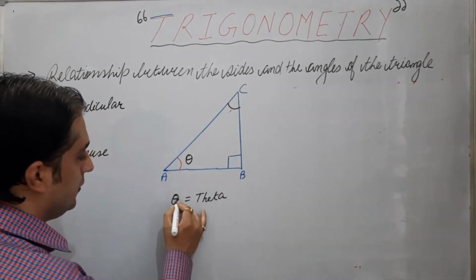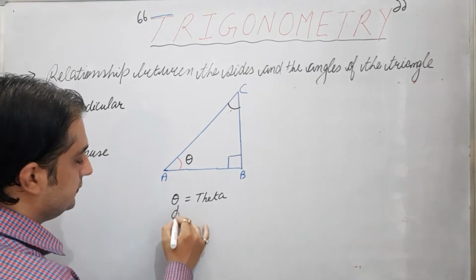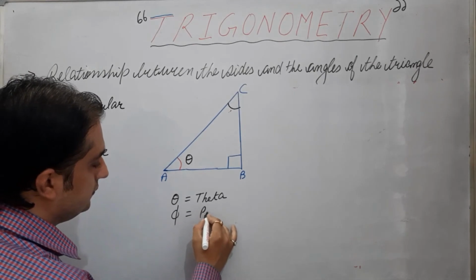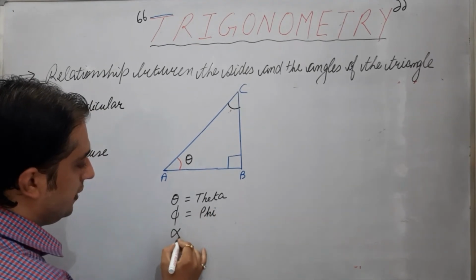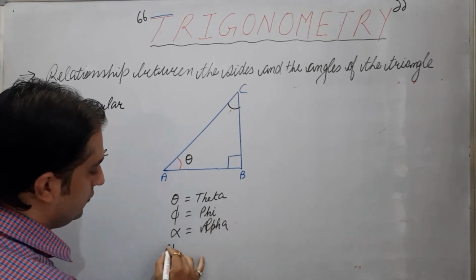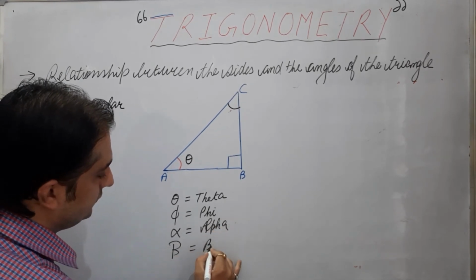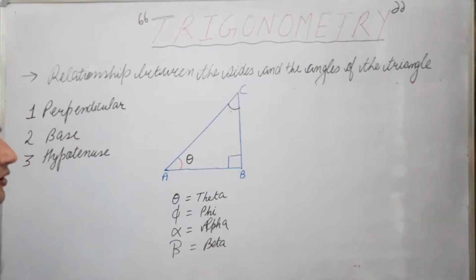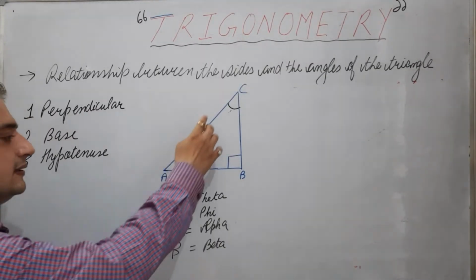Or you can use phi, or you can use alpha, or you can use beta. So any Greek letters you can use to indicate the angle.